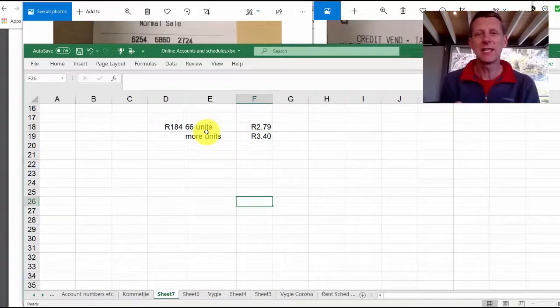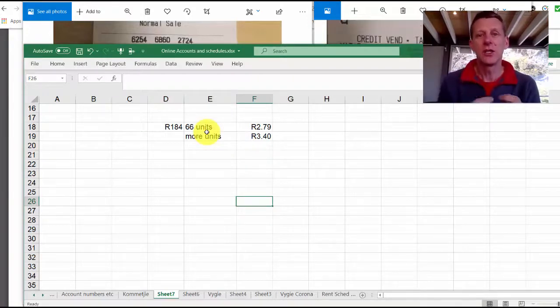And up to 66, even if you buy 10 and then 10 and then 10 and then 10, as long as in total it is less than 66, you're still going to be paying the small amount. But if you buy more than 66, not in one go, so it's not like I'm going to go and buy 66 in one purchase, but if you add up all the other ones that you've bought in that month and it goes over 66, then they're going to charge you the R3.40.